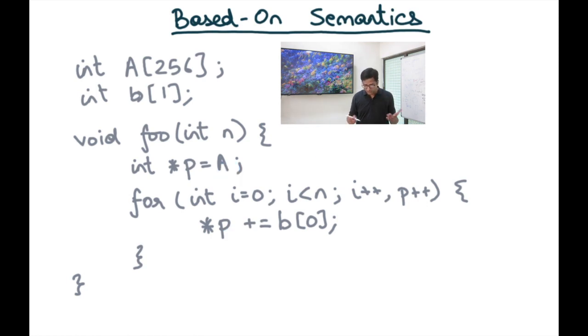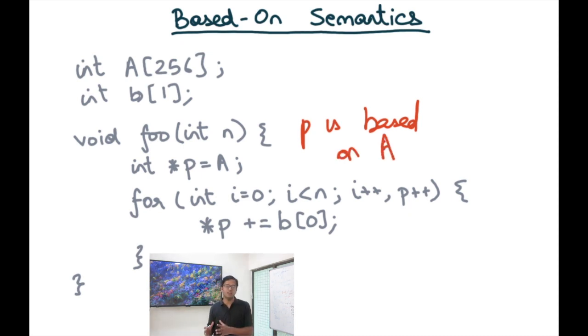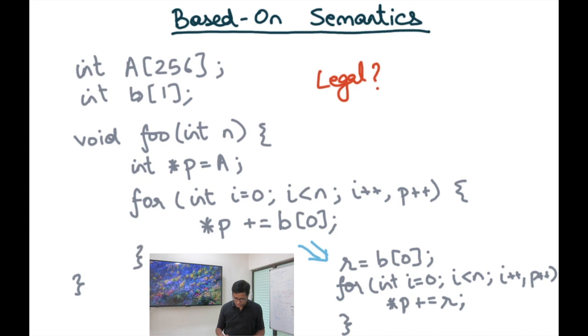In other words, what the C language says is that P is based on A, and because it's based on A, it should never underflow or overflow the range of A. And so because of that, I can do this transformation, which is I can cache the value of B[0] into a register R, and instead of *P plus equals B[0], I can do *P plus equals R. Why is it legal?